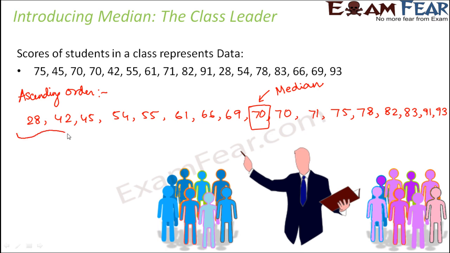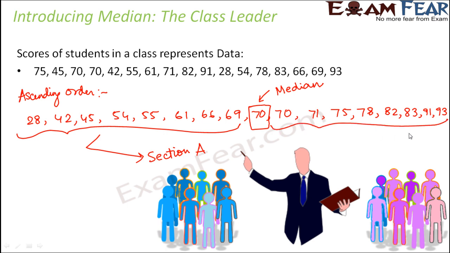That means all those who scored less than 70, all these students, would go to section A. And all those students who scored above 70, that is all those who are after the median value, are all going to go to section B. So this is how the teacher can actually divide the total number of students into two sections.